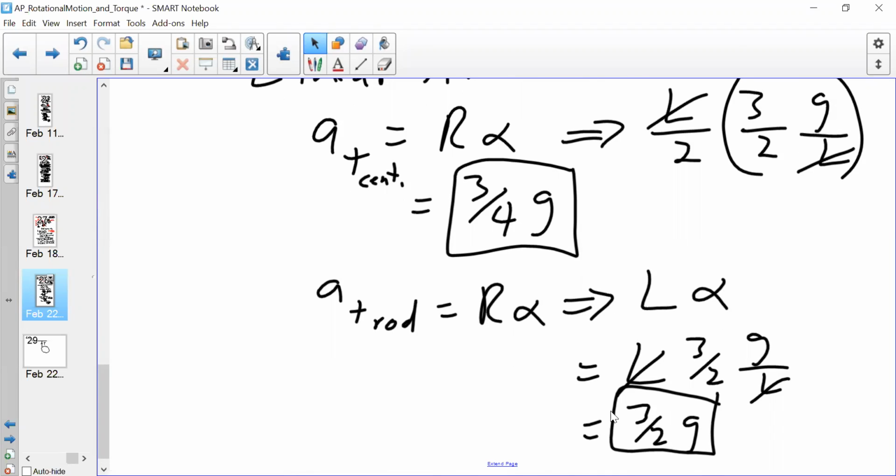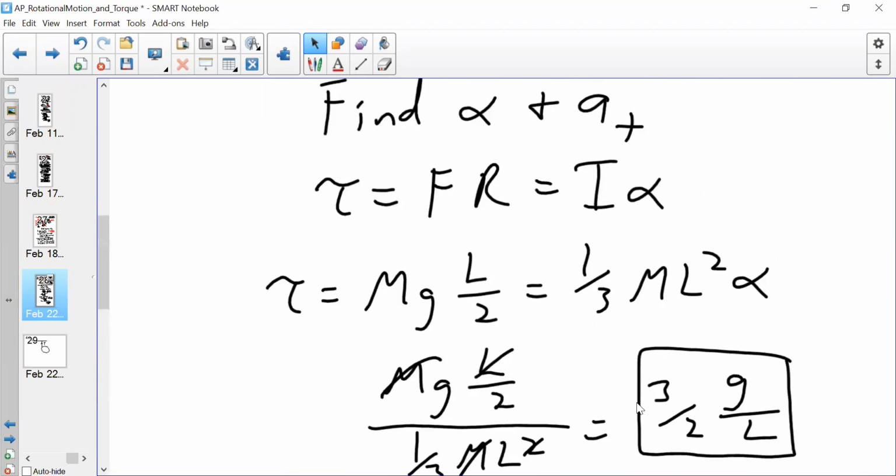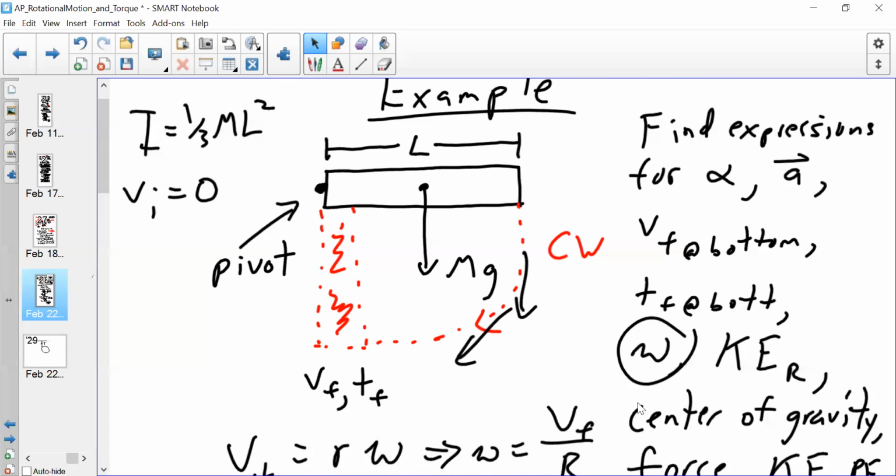Okay, so the next thing we want to find is the velocity at the bottom. So what we can do in this part, we can approach it in one of two ways. We can approach it using energy principles, which is generally easier, or we can use kinematics. We should get the same answer.